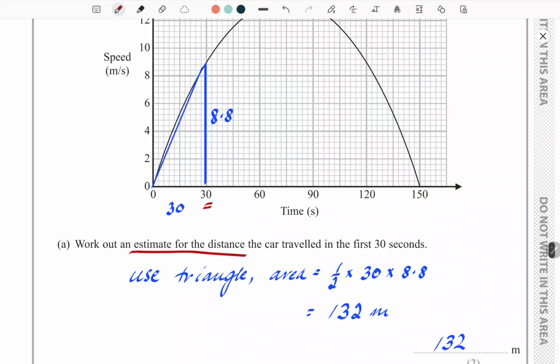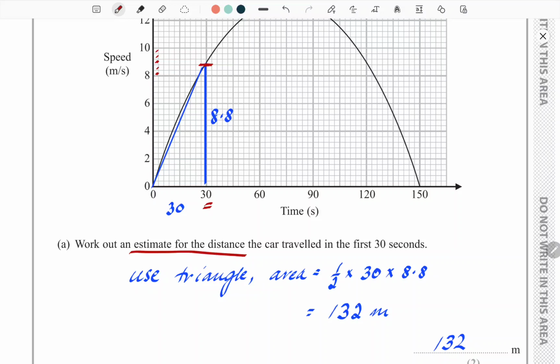So for the area of that triangle, you can see the height there is 8.8, because 5 little squares, so 1, 2, 3, 4, 5, represents 2 meters per second. So each of those is 0.4, and so the height there is 8.8.